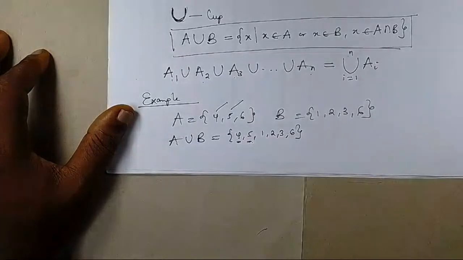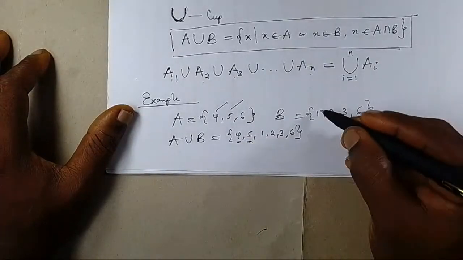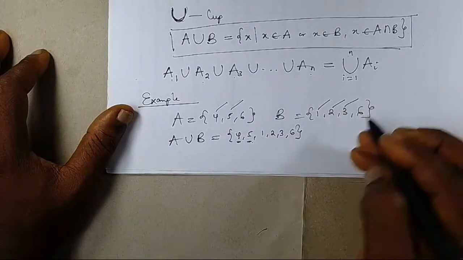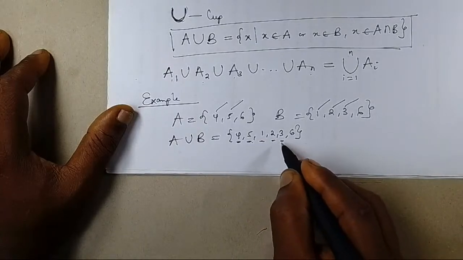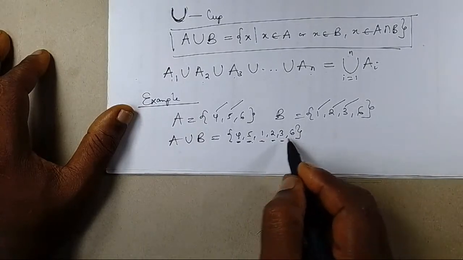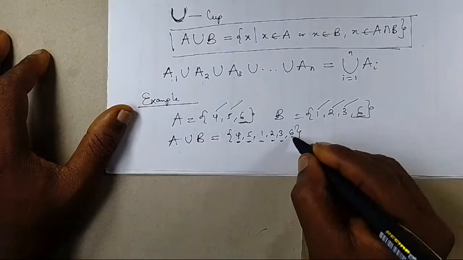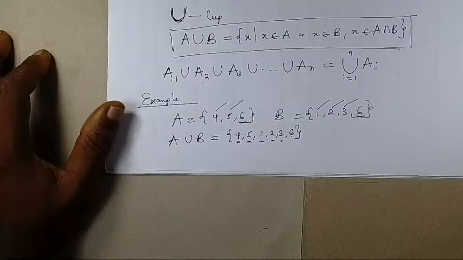I went into B and picked the elements found only in B but not in A: 1, 2, and 3, and I wrote them out in my union. Then came the last step, which was taking what was common to both of them, 6, and I wrote it down. So that gives my union.